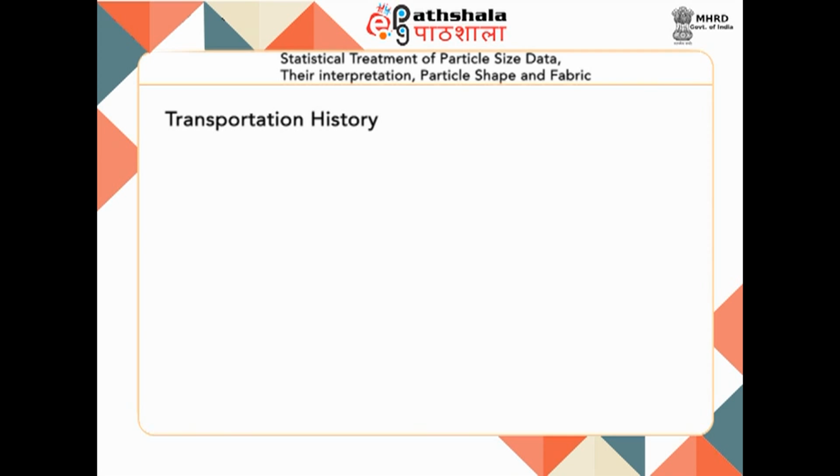Now, how do we describe the transportation history? A grain size distribution curve may consist of several populations of grain sizes, each of which may have log normal distribution and assume a straight line when plotted on probability paper.